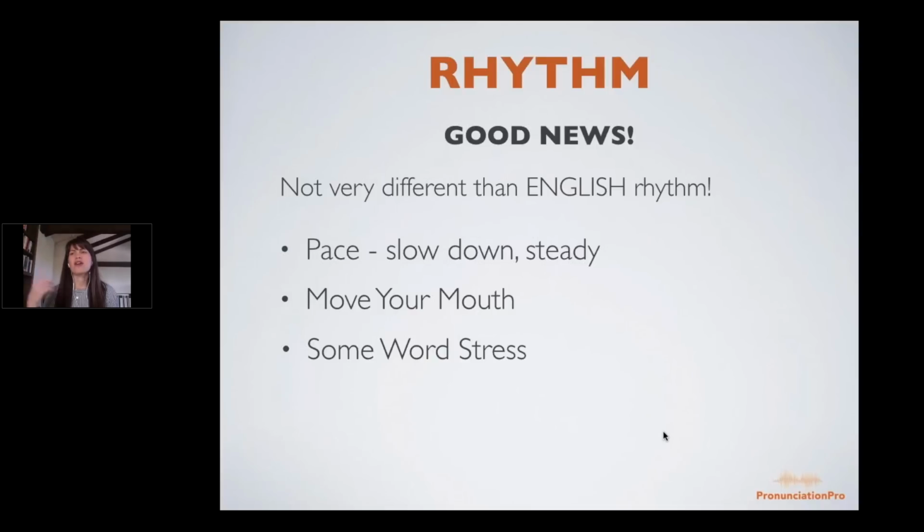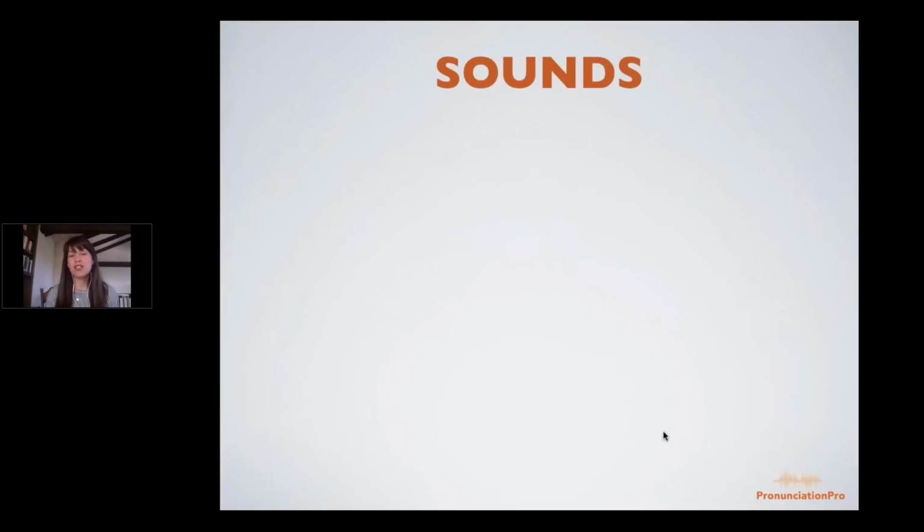It's just a matter of, as you continue on with your practice with your English pronunciation, you start picking up on those individual words, and it does become easier. Okay, this is actually all I'm going to say about rhythm today, because the main area for my Spanish-speaking students is the sounds of English.